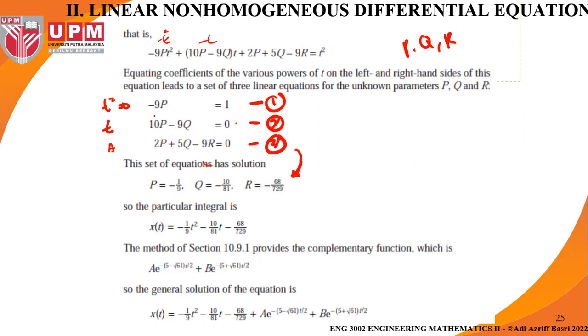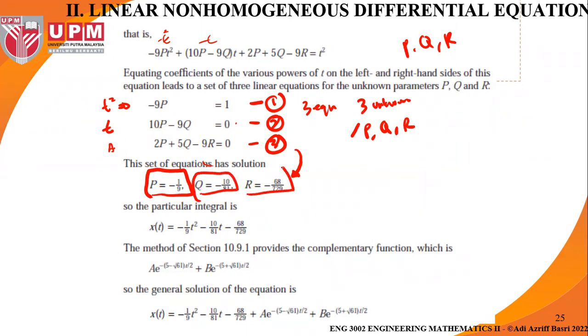We have 3 equations and 3 unknowns, so automatically you have the answer of p, q, and r. So p is negative 1 over 9, q is negative 10 over 81, and r is negative 68 over something. So it's a constant.